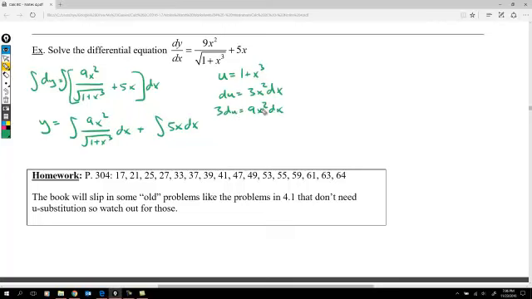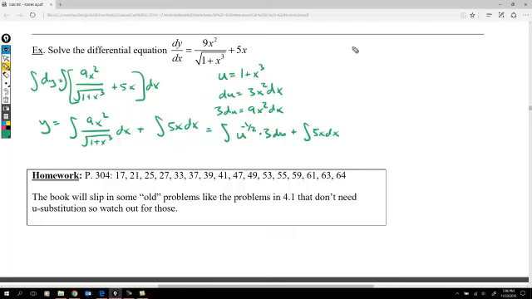So now I have 9x squared dx, which is perfectly what I have here, and that's equivalent to 3 du. So now I'll make my substitution. Really I have the integral of u to the negative 1/2 power, because the square root is in the denominator, times 3 du, plus the integral of 5x dx.